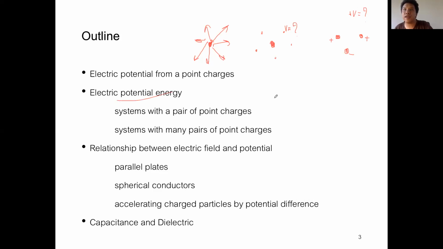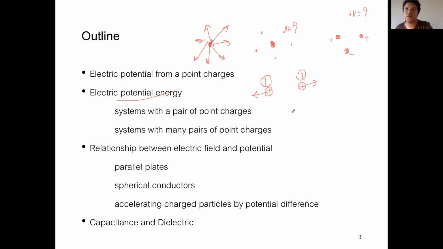Then potential energy. We consider potential energy between a pair of point charges. For example, if I have charges 1 and 2 that tend to repel each other due to Coulomb force, the work that I do to squeeze them together will be the potential energy.